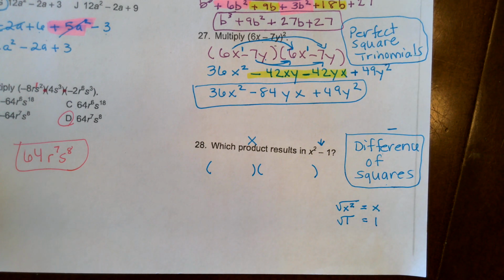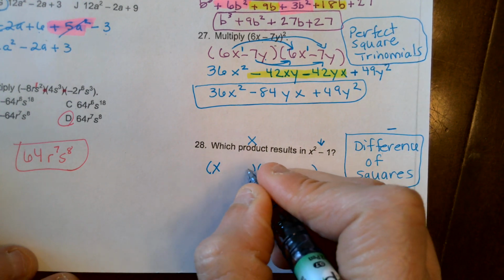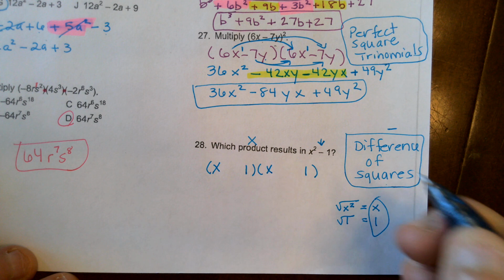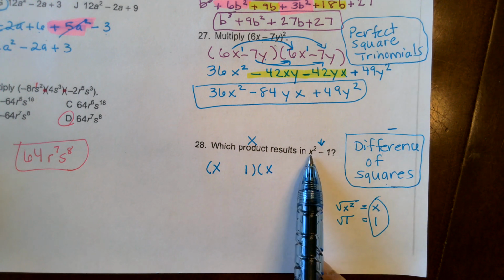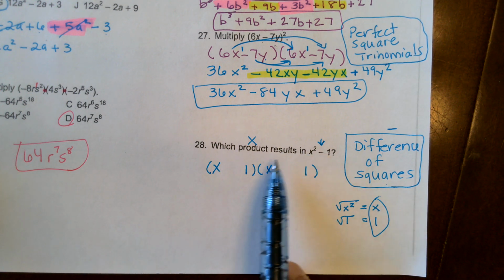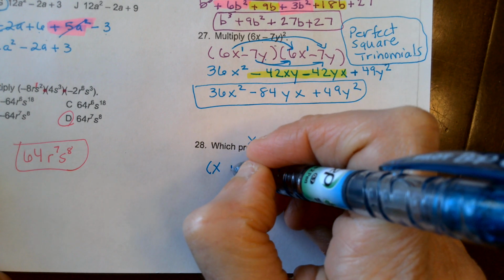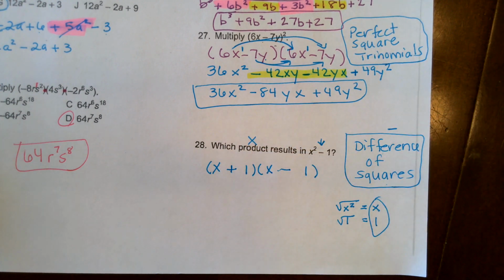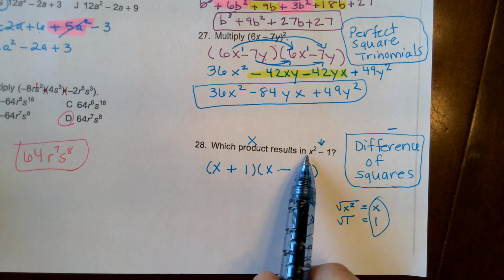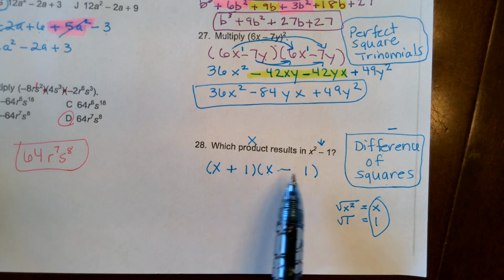Because when you notice it, these are your two winners. X and 1, X and 1. So you literally take the square root of each part, and it goes in there, and 1 is positive and 1 is negative. And that's why there's no third term in the middle. It's just the outside one and the last one.